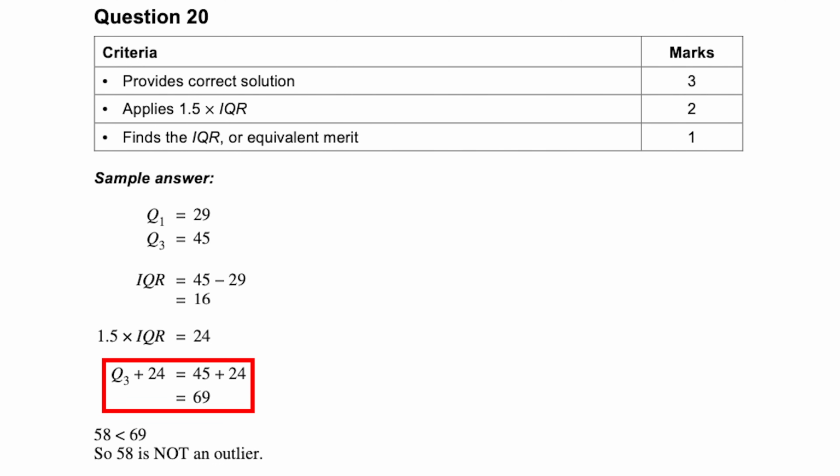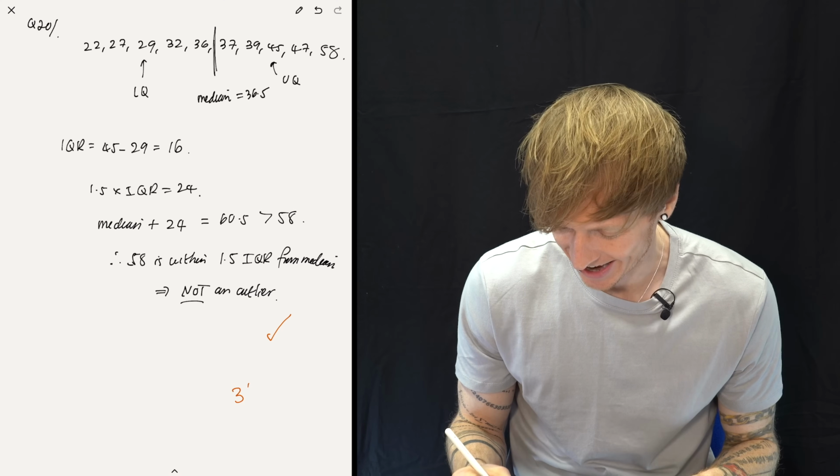So I slightly misremembered how to apply the 1.5 rule, but I came to the correct conclusion, so I'm going to argue I deserve 3 out of 3. Feel free to tell me in the comments if you disagree, but I think I have argued with a very sensible metric. I have argued via a stricter metric that it's not an outlier. So I think that's fine. 3 out of 3.